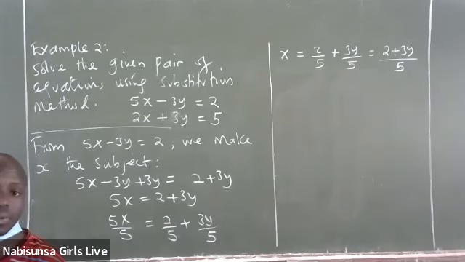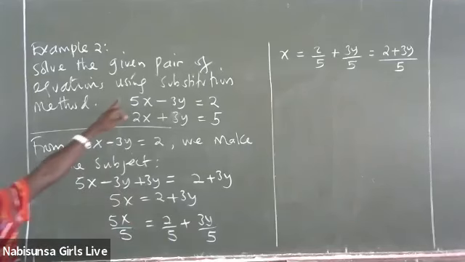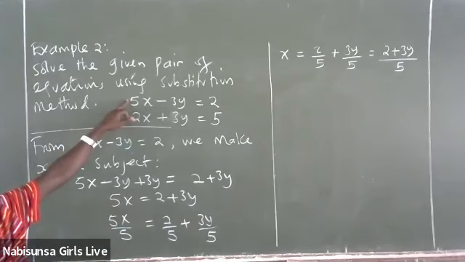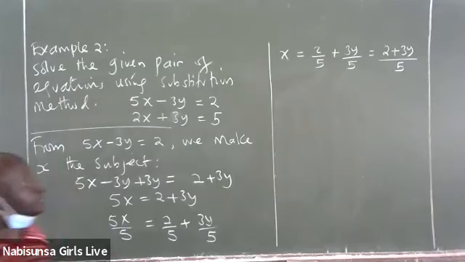So I hope everybody is at that stage where x is the subject. Yes, teacher. We are there. So now we use this one to make x the subject, so we shall substitute our x in this one. You don't substitute it again in the one you used.